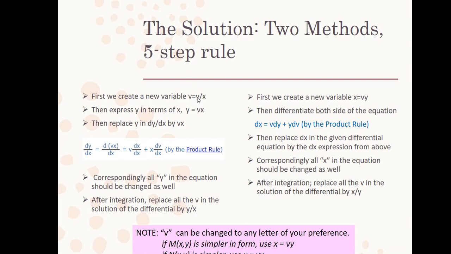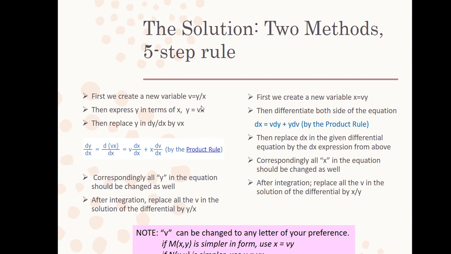You may change this to any letter that you like, but in most textbooks in differential equations, it's always v that is equated to an expression containing the variables x and y. So the first method says that we create a new variable v which is equal to y over x.